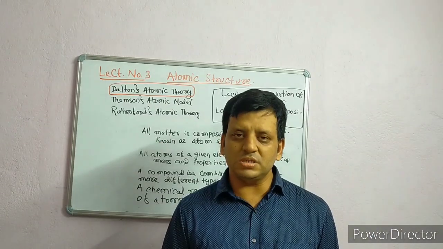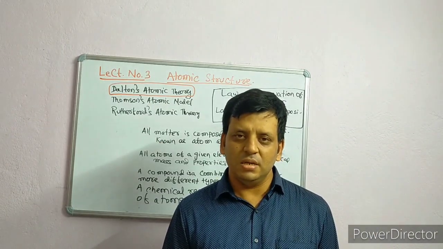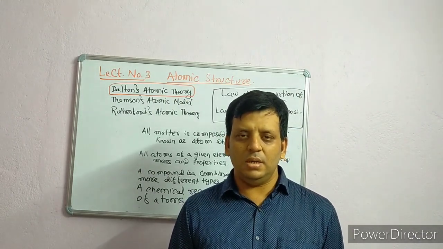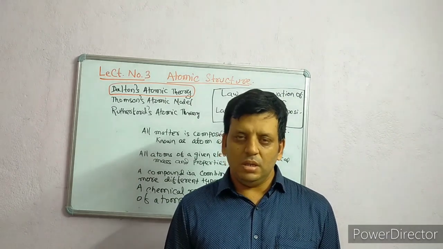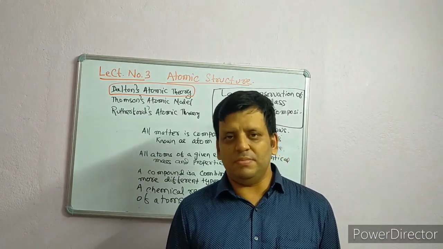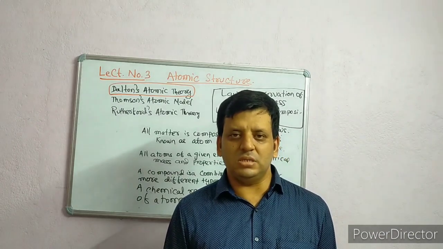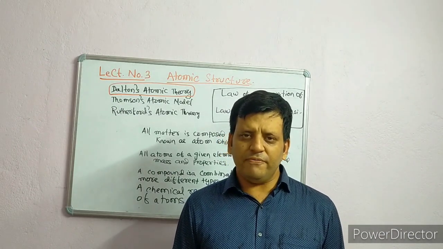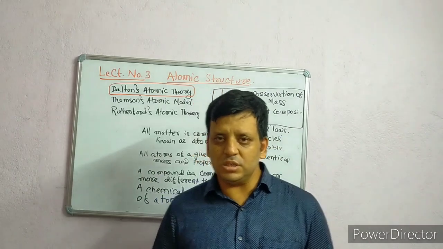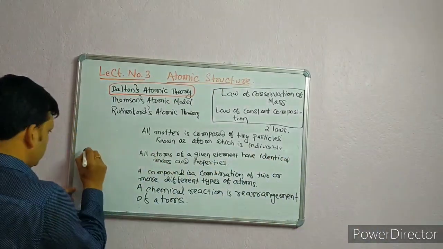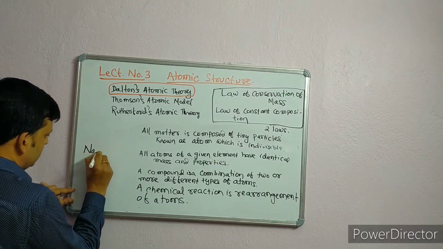The law of constant composition says that the proportion of each element in any compound is always the same, irrespective of its amount or place of origin. So we can think of our common salt, whose formula is NaCl. This is known as sodium chloride.